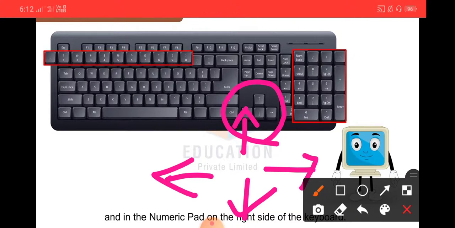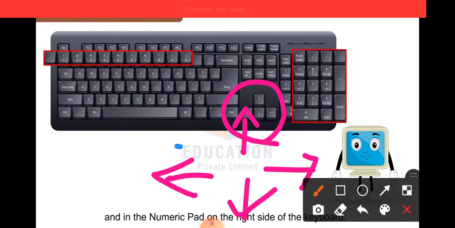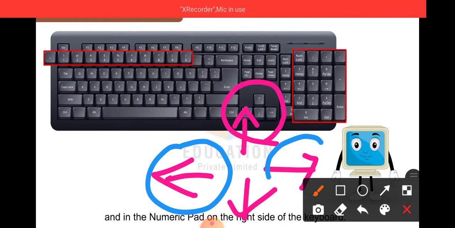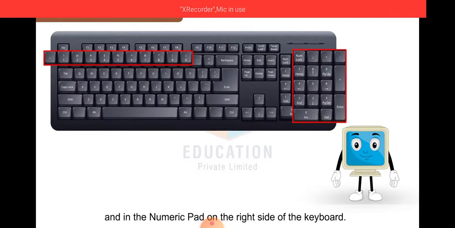They are marked with arrows, and these are 4 in number, and they have a specific work, that is they are used to move the cursor left. This one is for left, and this one is for right, and this one is for up, and this one is for down.